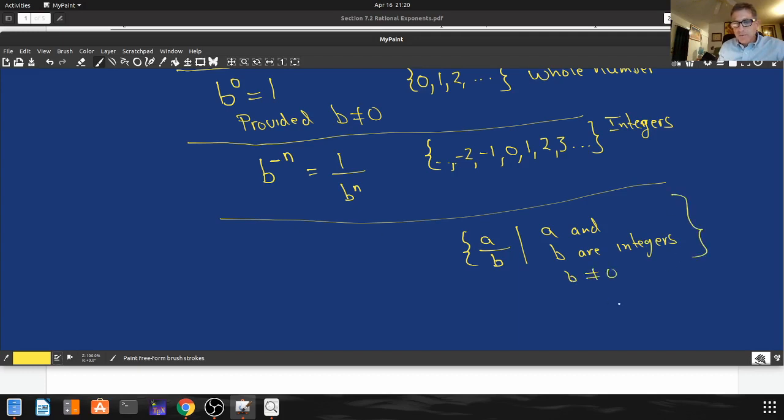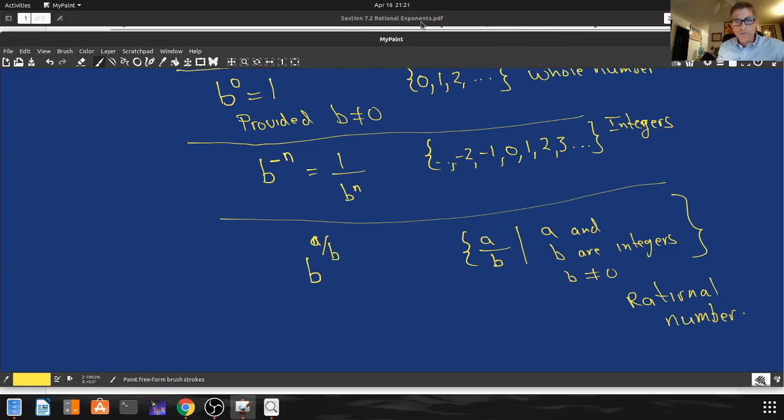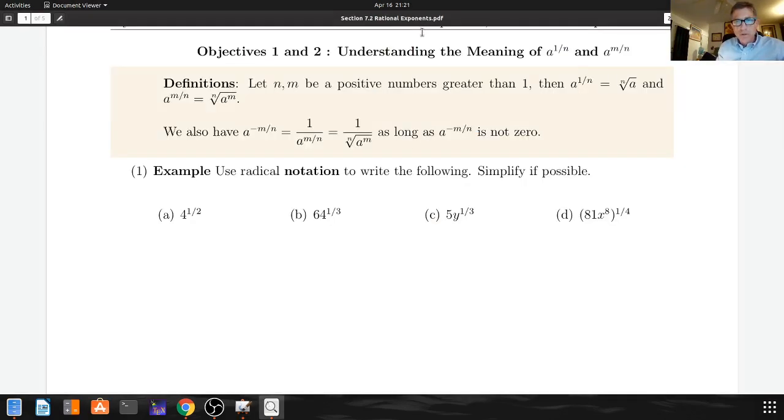This set of numbers is called the rational numbers. And what we're going to do now is extend the meaning of a base b raised to a rational exponent. That's just something mathematicians do in general, and that's the context for 7.2. We're just pushing the boundary, so to speak.